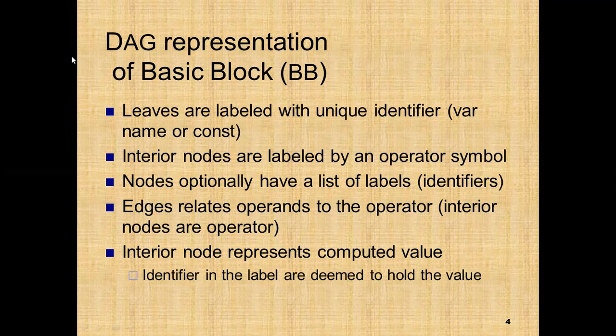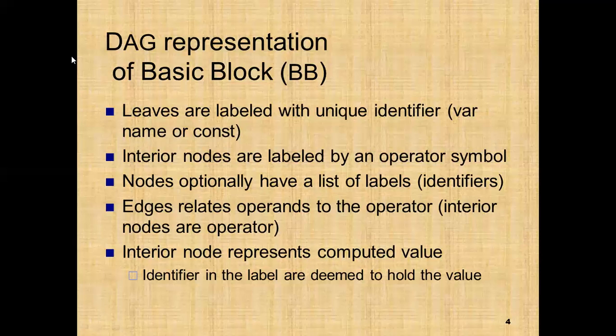Interior nodes represent computed values. One by one, there is a root node, and after that we divide the root node into children nodes and so on. We divide again and again, and ultimately we get the complete directed acyclic graph.